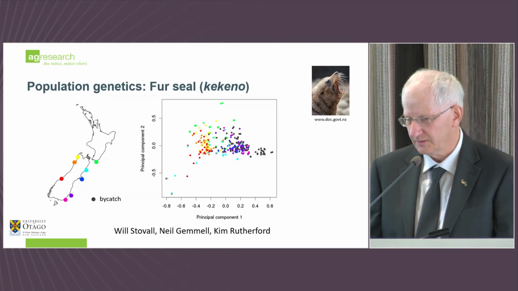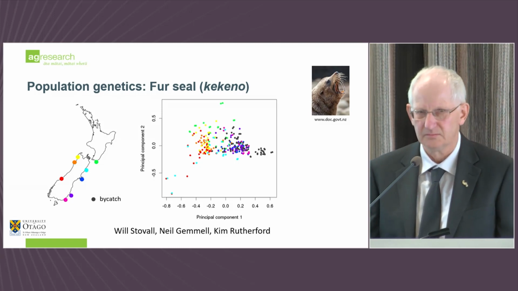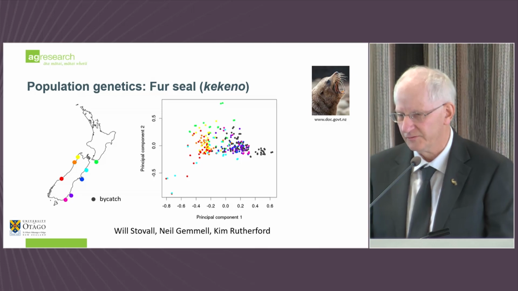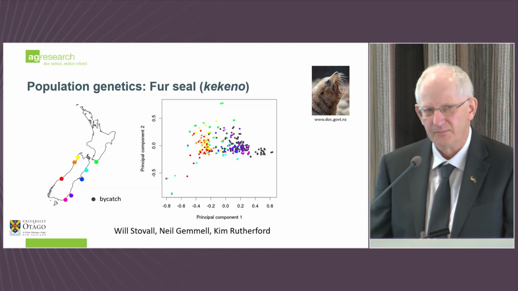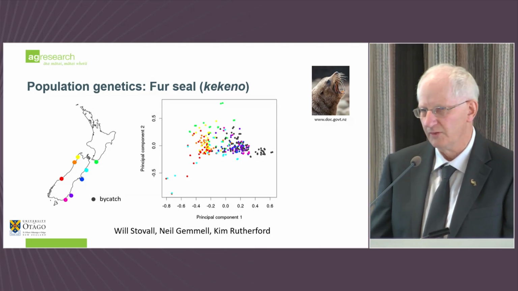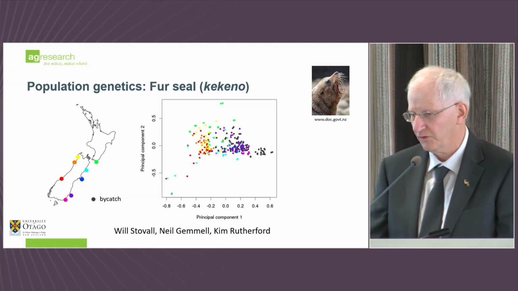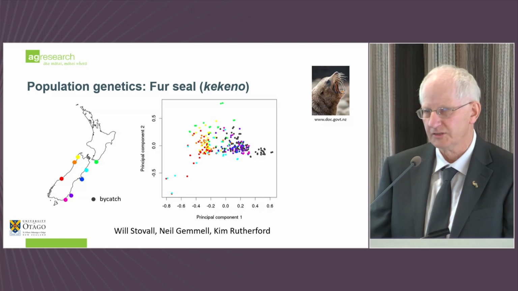And then a population genetics example, and Neil's might be here somewhere. This was work with University of Otago. Some fur seals were sampled around mostly the South Island and the lower North Island and bycatch.